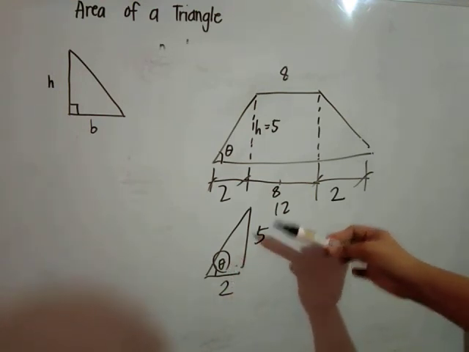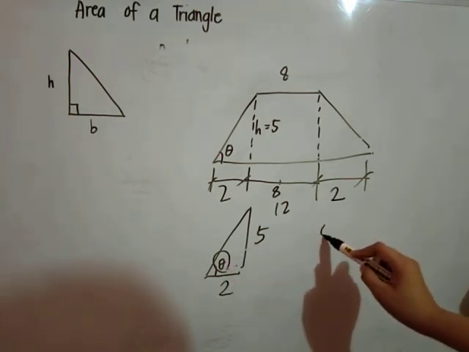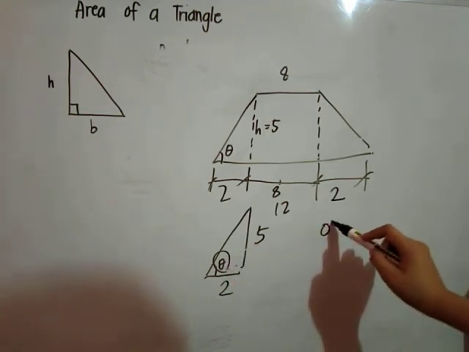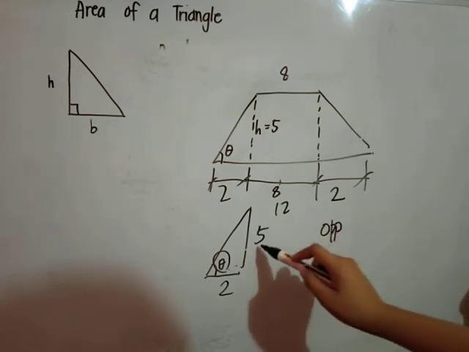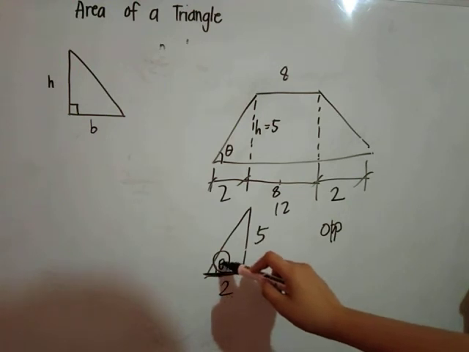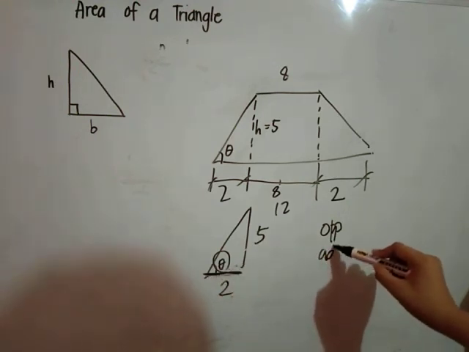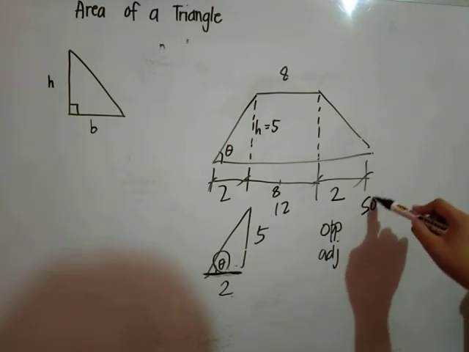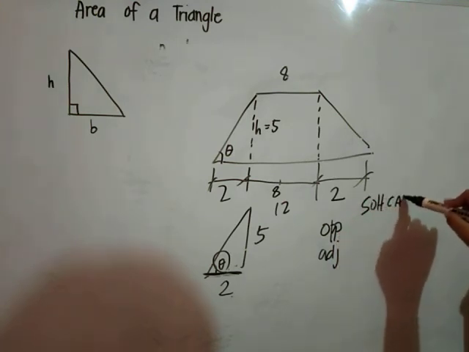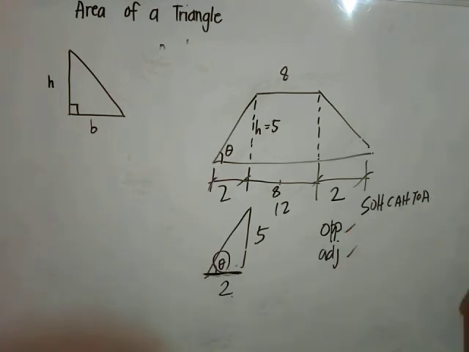I-identify nyo ulit kung ano yung mga given side. So, si 5 is the opposite side ni theta. Therefore, may opposite side ka na. And then, ano naman si 2 with respect to the angle? Adjacent. So, we have the adjacent side. Remember yung SOHCAHTOA natin. Ano yung madaling gamitin na trigonometric function para makuha yung angle?